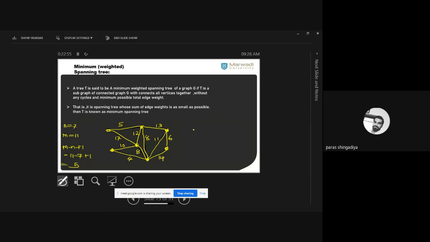So let us first create the graph again. Place the vertices as they are given. These are the 7 vertices given.